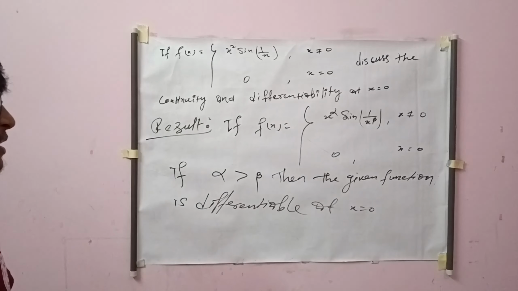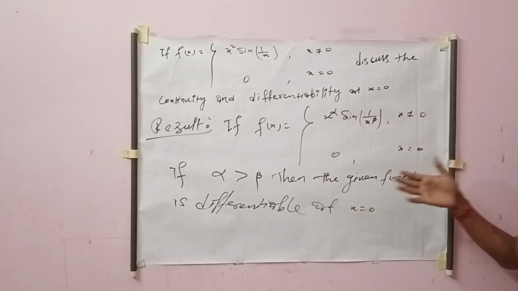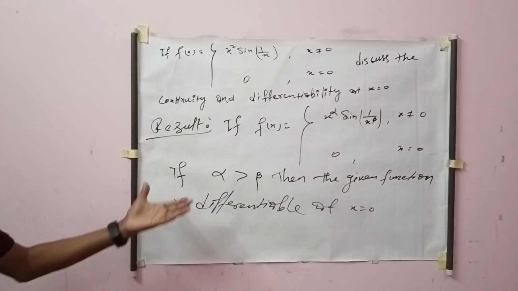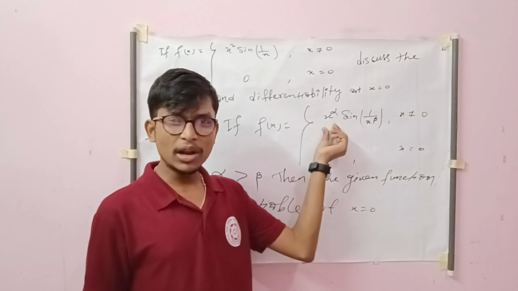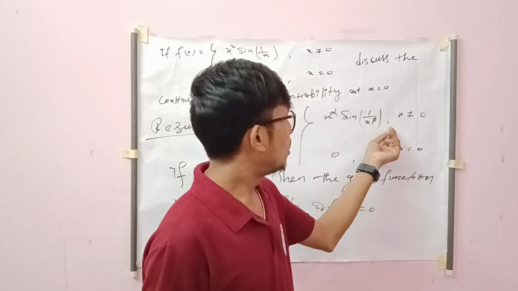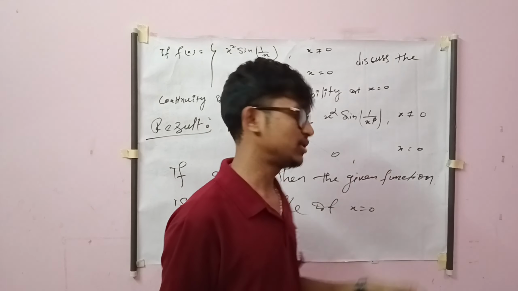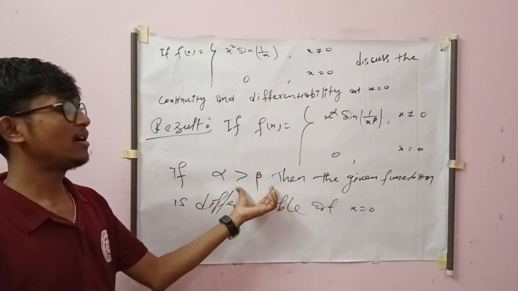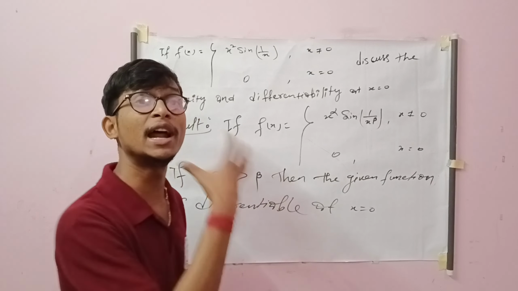It means the function is differentiable on R. So here, if f(x) equals x to the power alpha sin of 1 upon x to the power beta when x is not equal to 0, and 0 when x equals 0, and alpha is greater than beta, then the given function will be differentiable at that point.